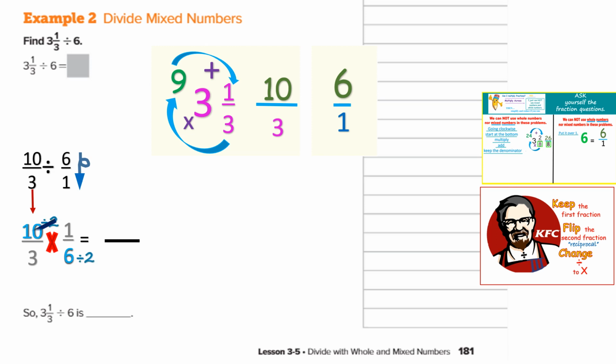And so when I reduce by 2's, I have 10 divided by 2, which is 5, and 6 divided by 2, which is 3, and then I'm left with simply multiplying across. 5 times 1 and 3 times 3. So 3 times 3 is 9, and 5 times 1 is 5, and I find out that 3 1/3 divided by 6 is 5/9.